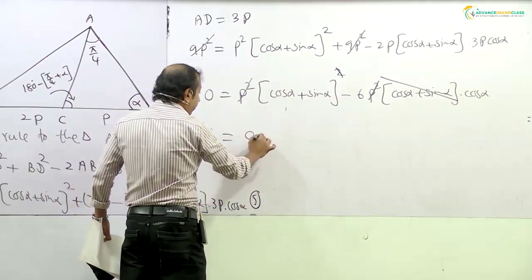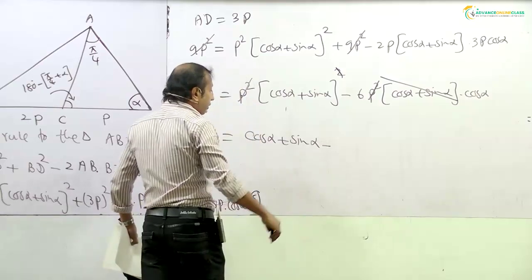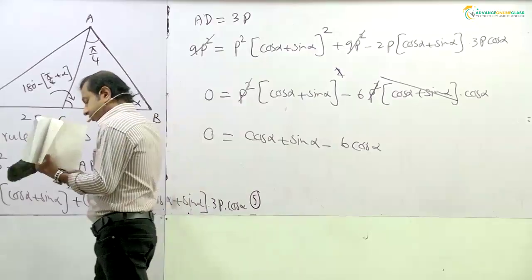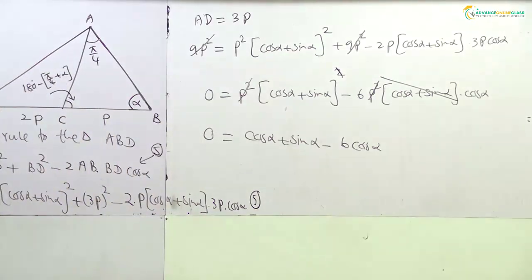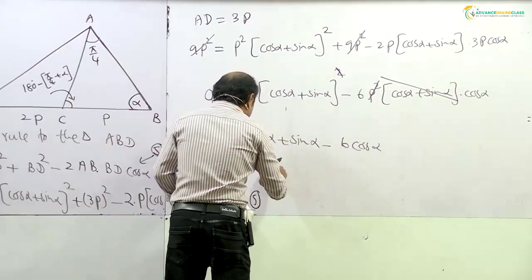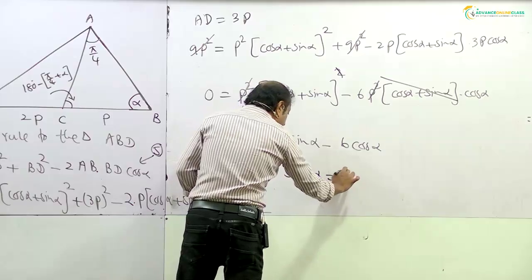0 equals what? Cos alpha plus sin alpha minus 6 cos alpha. Then what do you get? Take here minus 5 cos alpha, no? 5 cos alpha equals sin alpha.